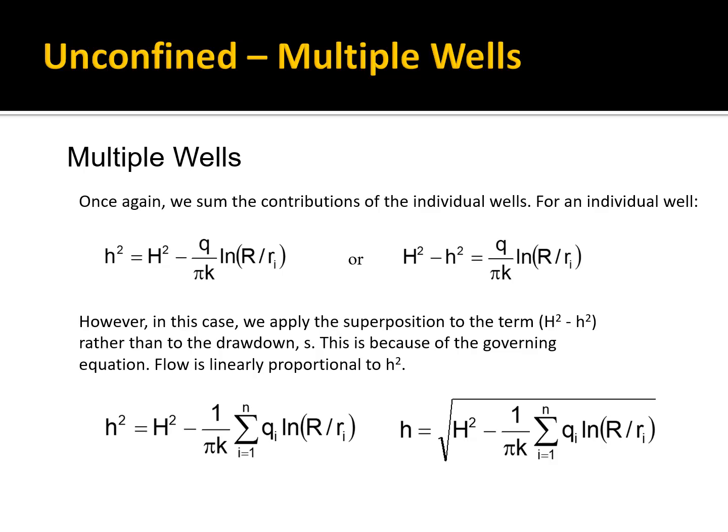Most of the time you wouldn't bother worrying about that, but that is a correction you can apply. Now, where this gets really useful, once again, is when we have multiple wells and we apply superposition. We can sum the contributions of individual wells the same way we did before.